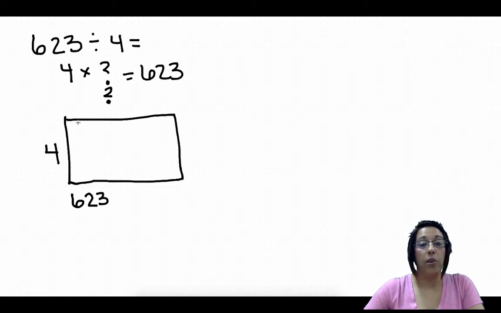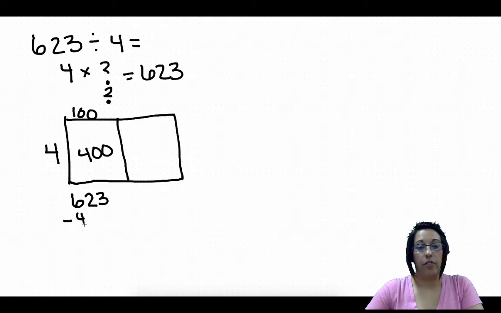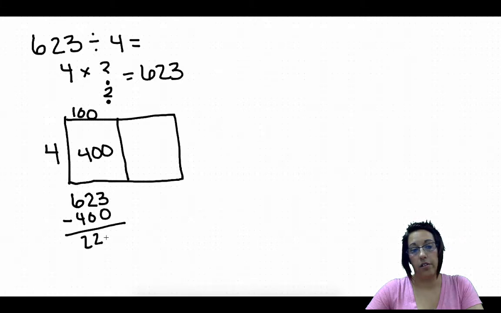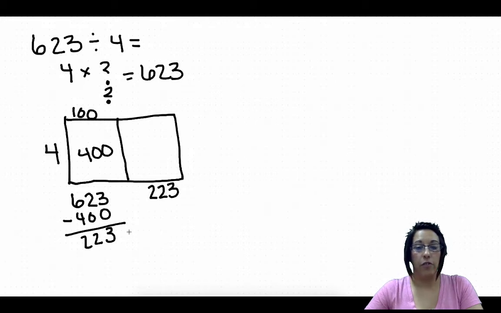So I start looking at what's the largest chunk that I can take out of that. Well, I know that 4 times 100 is 400. So I subtract 400 down here and end up with 223 left. I know that 4 times 5 is 20.